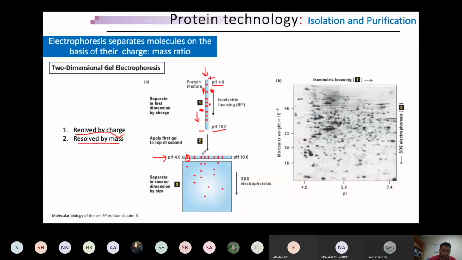It could be that this particular dot consists of more than two, for example three proteins, and we know that it is possible that more than one protein could have the same isoelectric point, but they will not have the same molecular weight, and the same is the case otherwise. It is possible that more than one protein can have the same molecular mass, but it is impossible or close to impossible that they have the same electric charge.